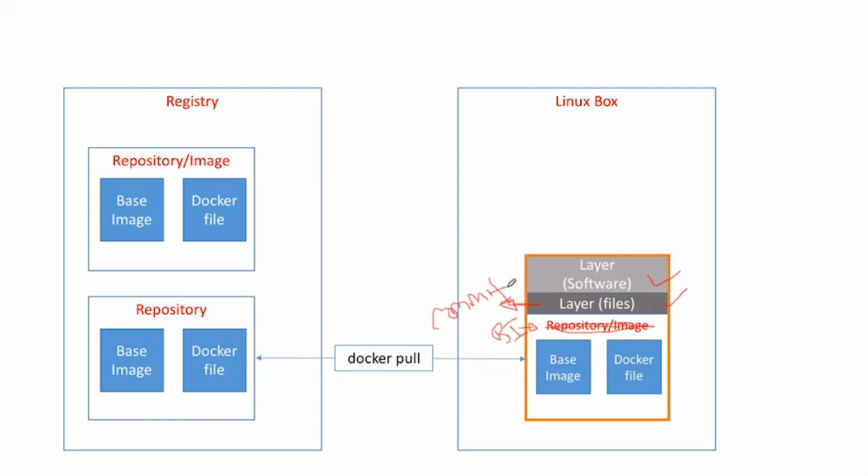I could have added software and files and a few other things, but until I do this commit, that's when it becomes a part of this layer. And then the next commit would be a part of the next layer, and so forth. So ultimately, you'll just keep building until it does what you want it to do.